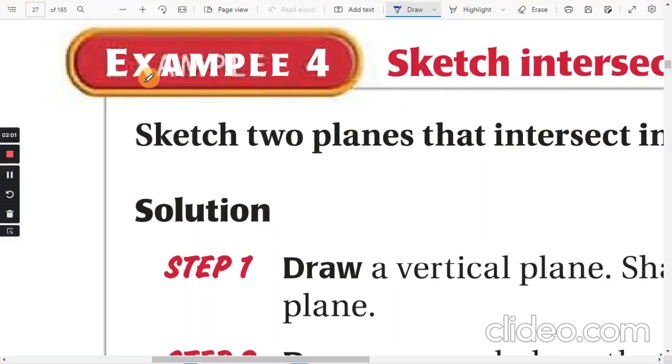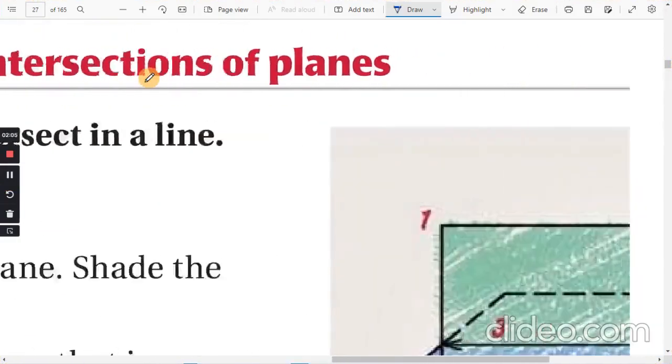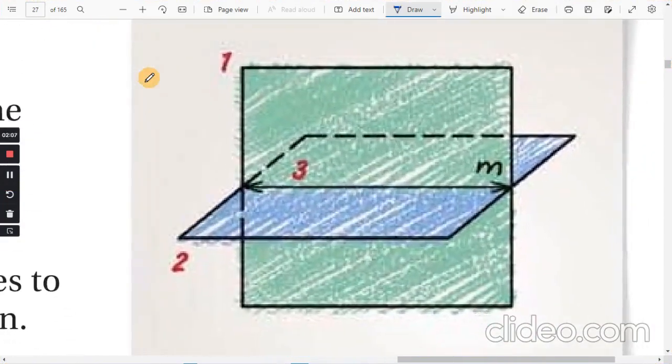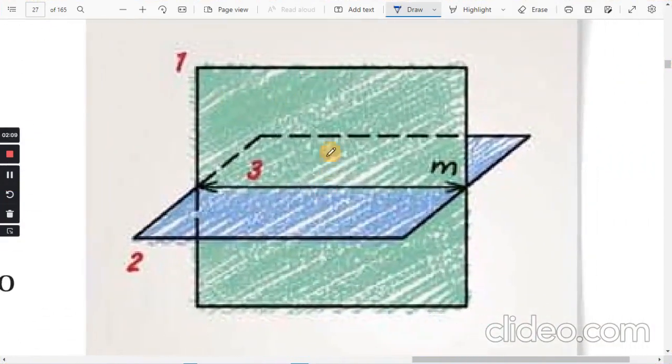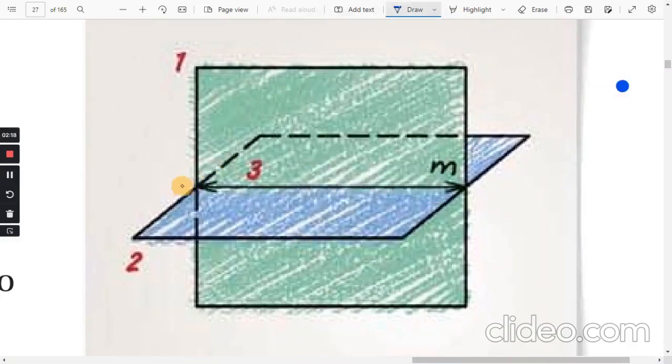All right, example 4, sketch two planes that intersect in a line. All right, so that's what that would look like. They drew the one in green, basically straight up and down, and the one in blue is going from front to back. And this portion right here is the line where they meet or intersect.